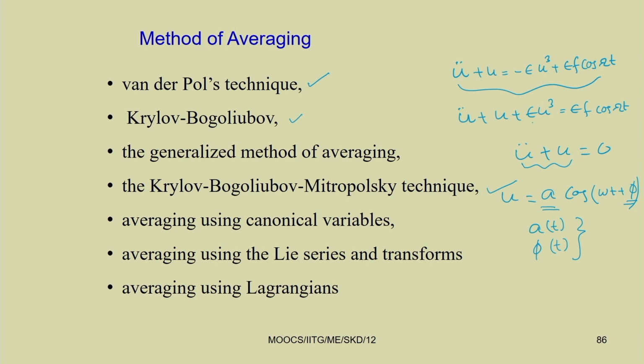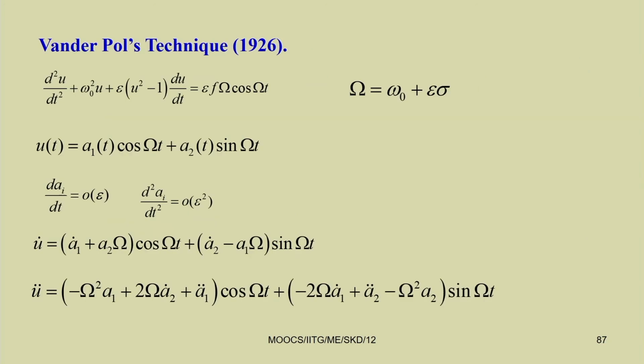So, let us take the example of a van der Pol equation and see how it can be solved. This van der Pol technique was solved in 1926. The van der Pol equation, I already told you, can be written in this form: d square u by dt square plus omega 0 square u plus epsilon into u square minus 1 du by dt equal to epsilon f omega cos omega t.